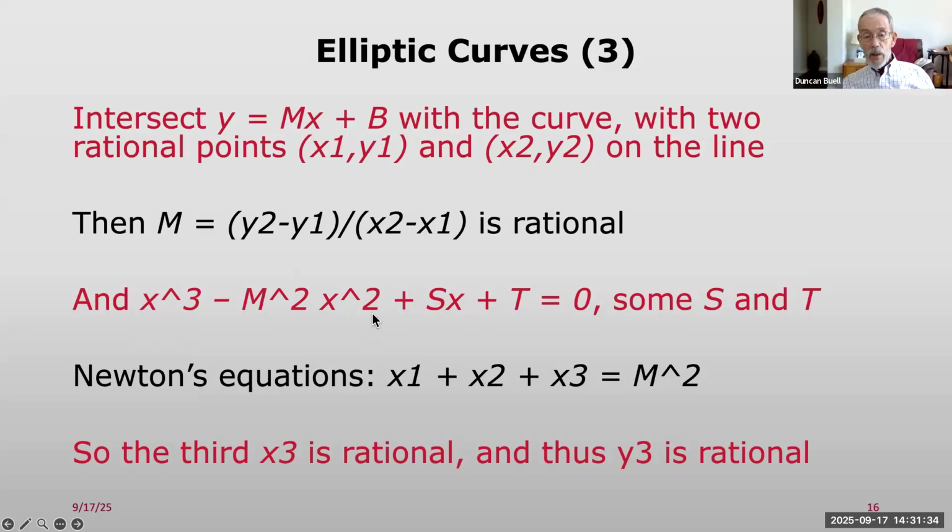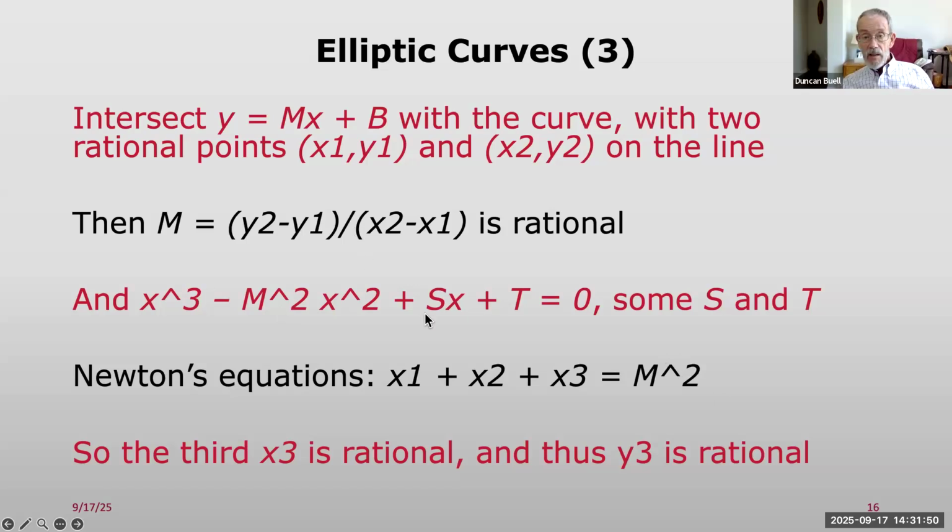And then Newton's equation will say the sum of the 3 roots of that is minus the coefficient, so it's m squared.